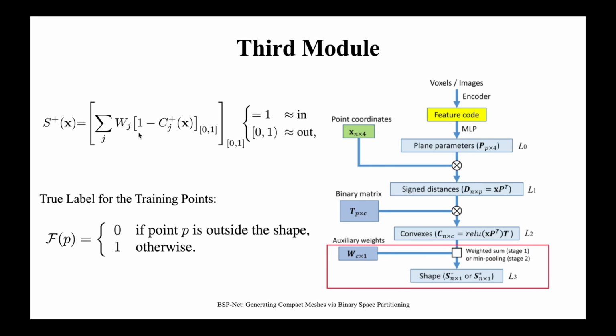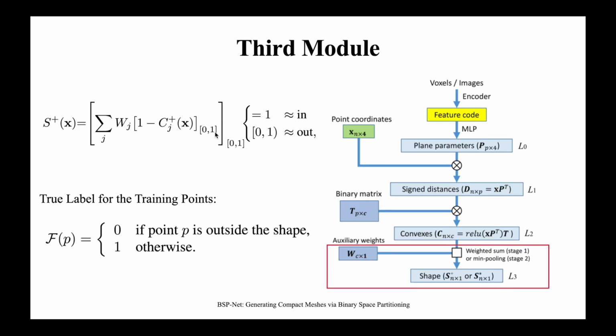So this is why the operations in these brackets are written in this way, instead of putting the Cjx directly into the brackets. And this 0, 1 means doing the clipping.